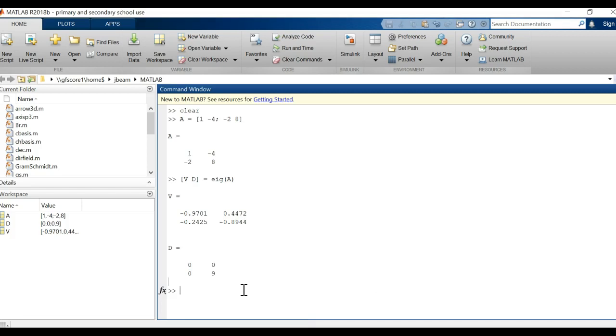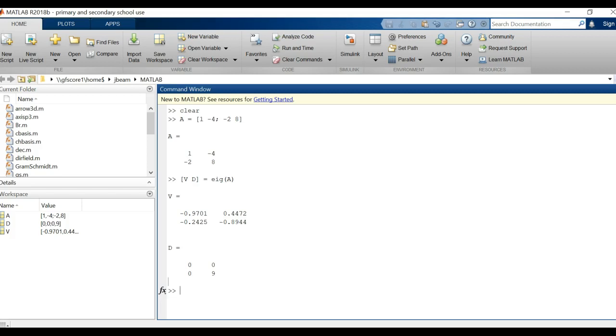So you have a full set of eigenvalues here, and you also have a full set of 2 eigenvectors. So the set of eigenvectors that correspond to 0 is the first column of V. So that's going to be some parameter t times the vector negative 0.9701 and negative 0.2425.